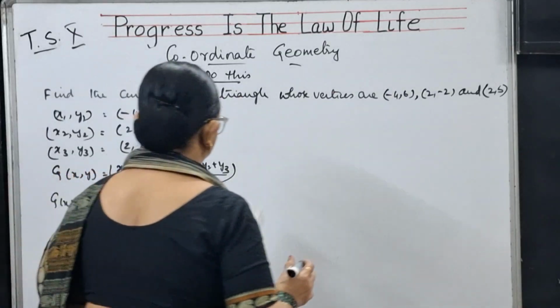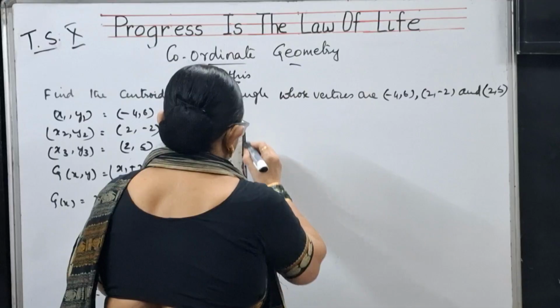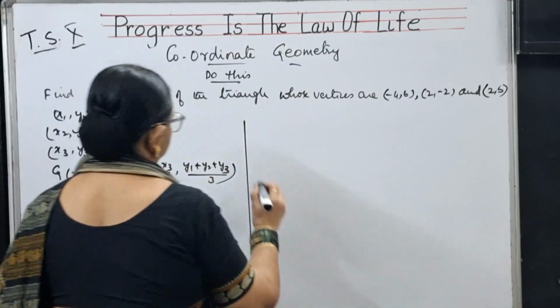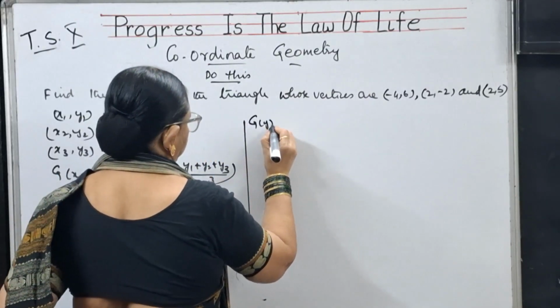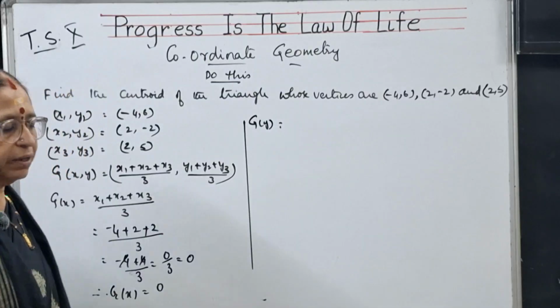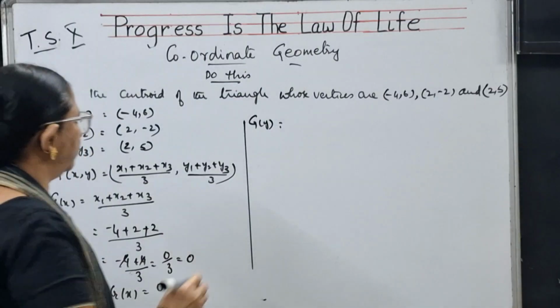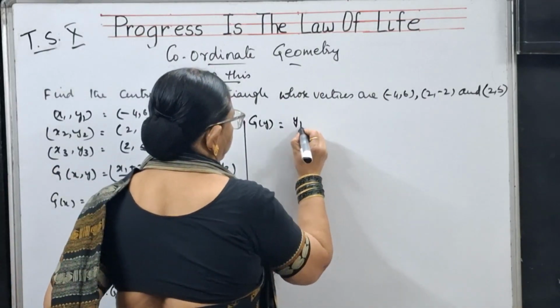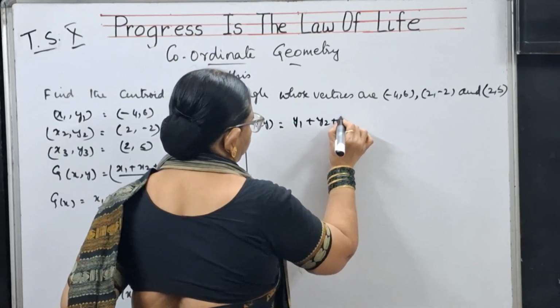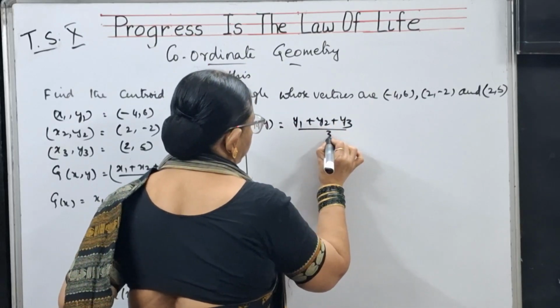Now let us go for G of y. G of y formula again, (y1 plus y2 plus y3) by 3.